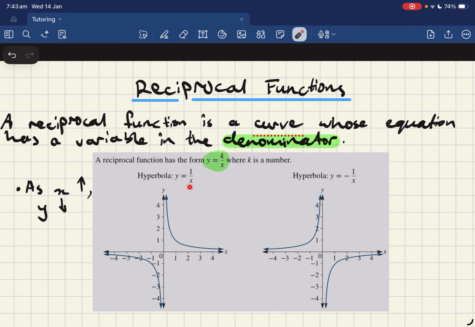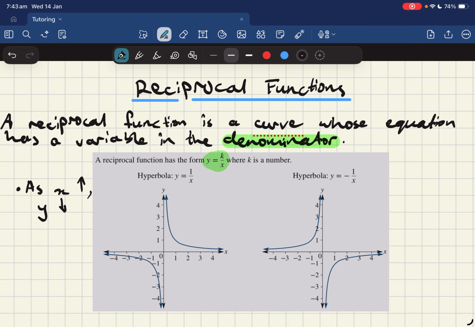As this denominator gets smaller as we get to the fractions, the value of y gets bigger, and it gets bigger at a really rapid rate. So we see, again, an opposite relationship happening. As x gets smaller, y gets bigger.